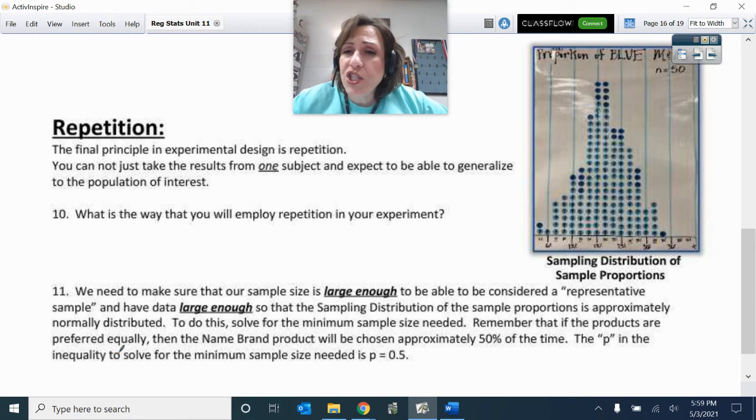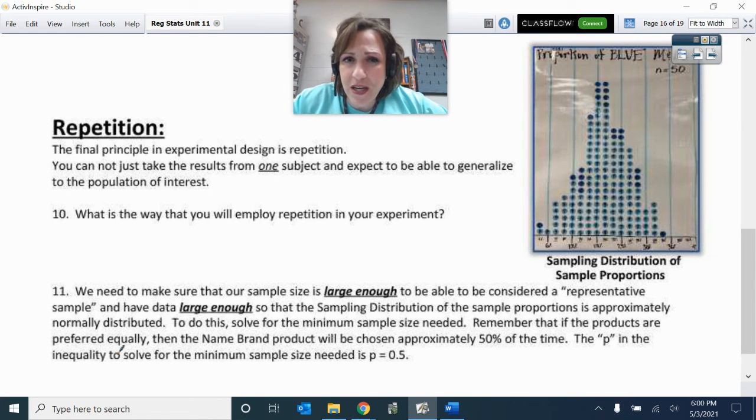Now, do you remember this picture I have over here? This was when we did our blue M&Ms, and you all got your own little cup of M&Ms, and you all found your own proportion of M&Ms that were blue, and you put that on here. Well, we found that this sampling distribution came out to be approximately normally distributed if the sample size is large enough.